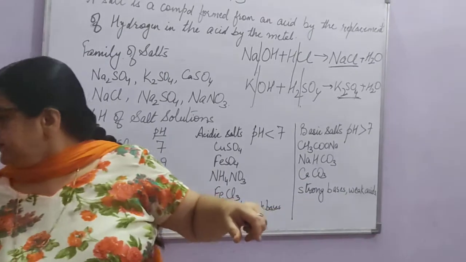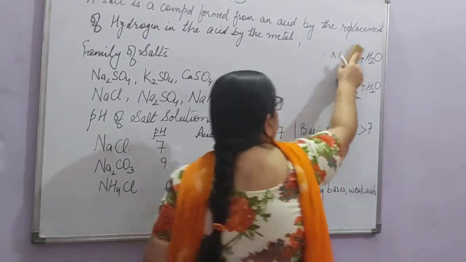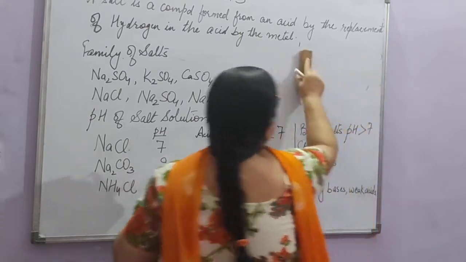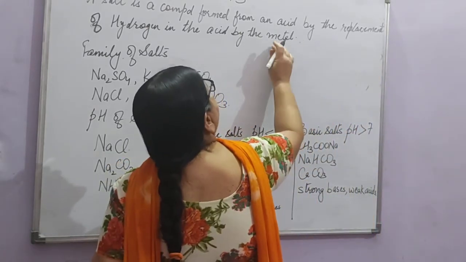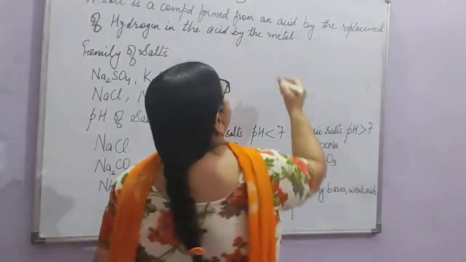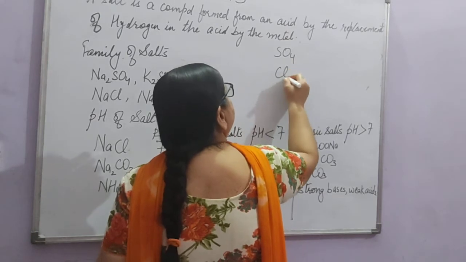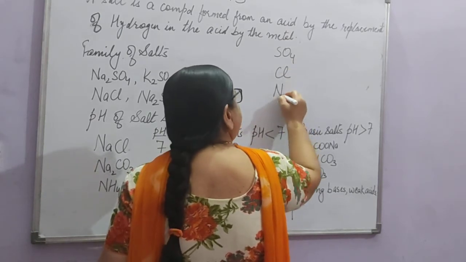A salt can be formed from any acid, and a salt can be a sulfate salt, a chloride salt, a nitrate salt.